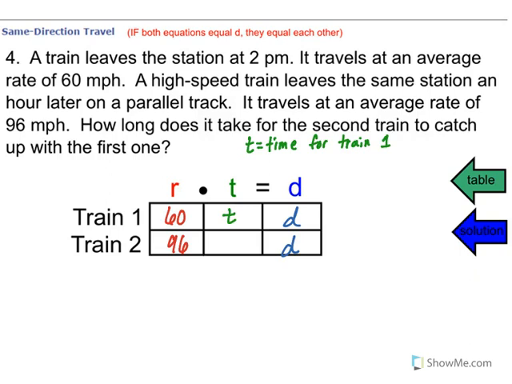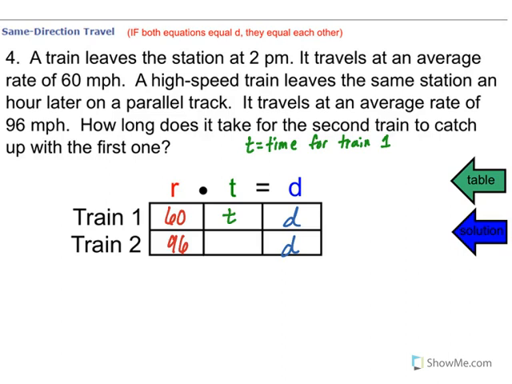Well, if I know that train 2 left an hour later and it gets to the same destination, then it should take an hour less time. So if train 1 left at 2 p.m. and it arrived at the station at 4 p.m., then that means that it took 2 hours to get there.